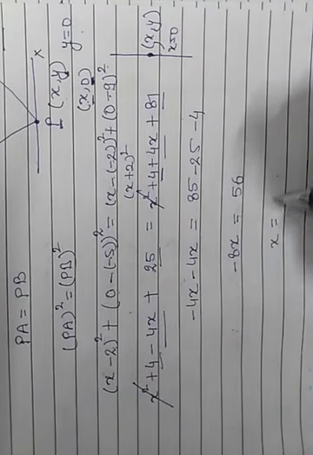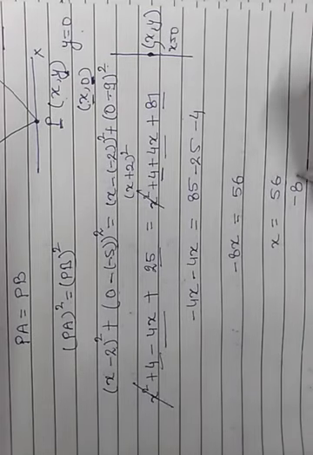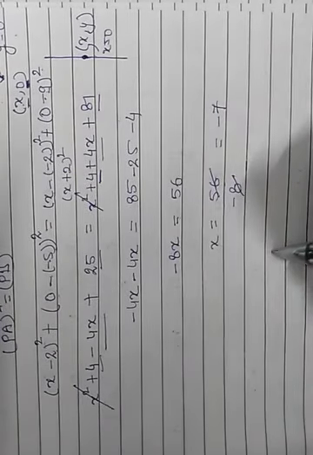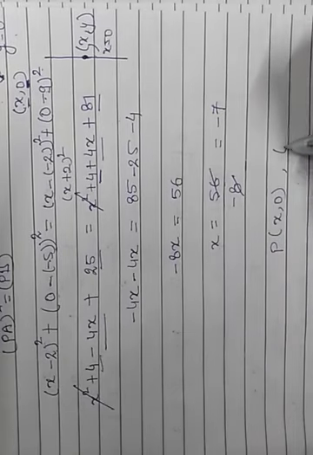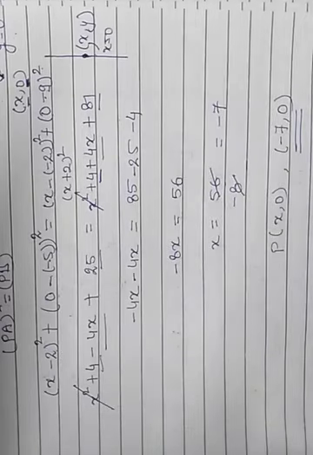Now x is equal to 56 upon minus 8 by cross multiplication. So it is minus 7. So point P, that is x comma 0, is equal to minus 7 comma 0. So this is the required point.